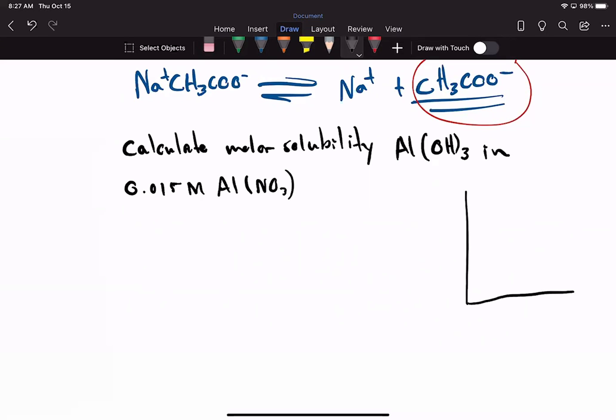This does seem a little bit confusing. Let me draw an image of what's going on here. So here in this beaker, I have a 0.015 solution of aluminum nitrate. Aluminum nitrate is soluble, so this is what we have floating around in the solution.